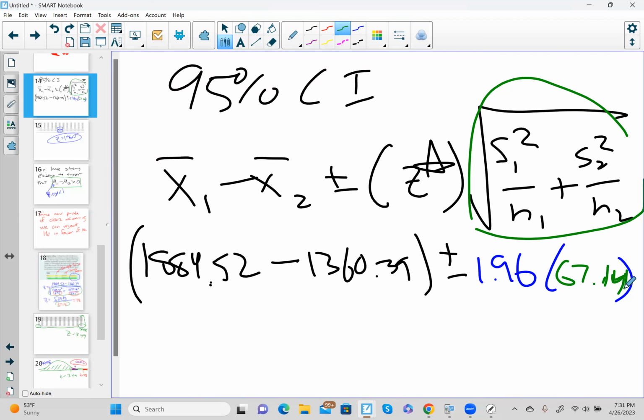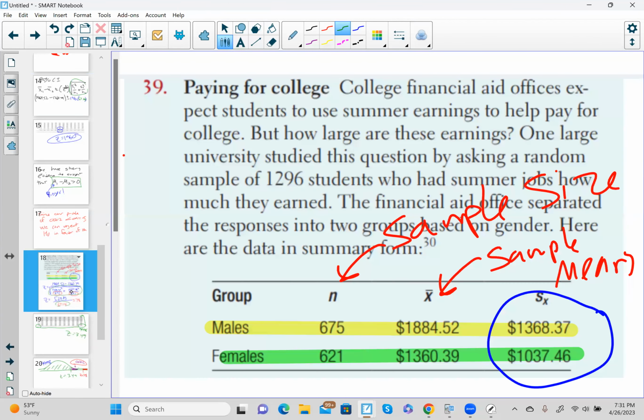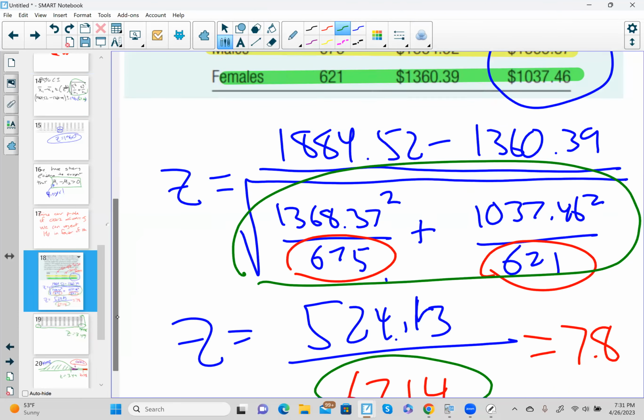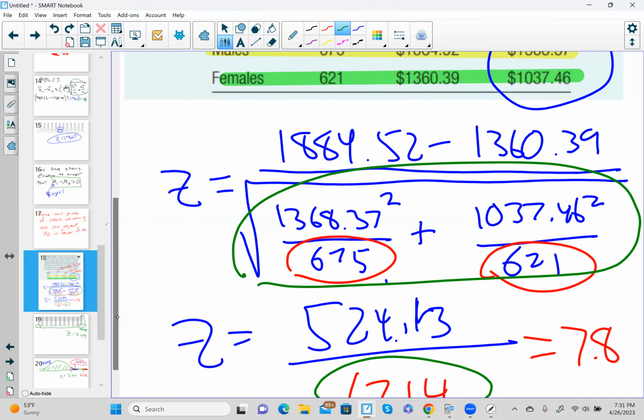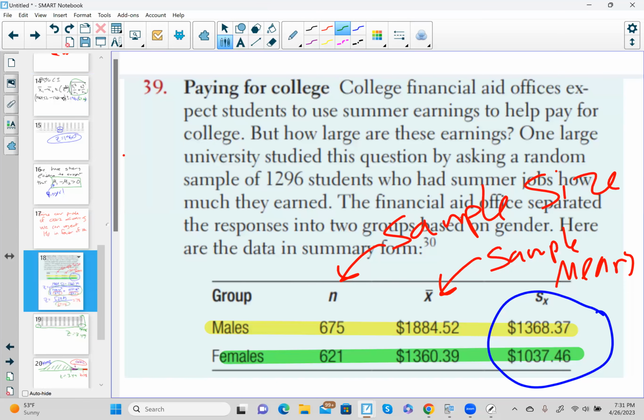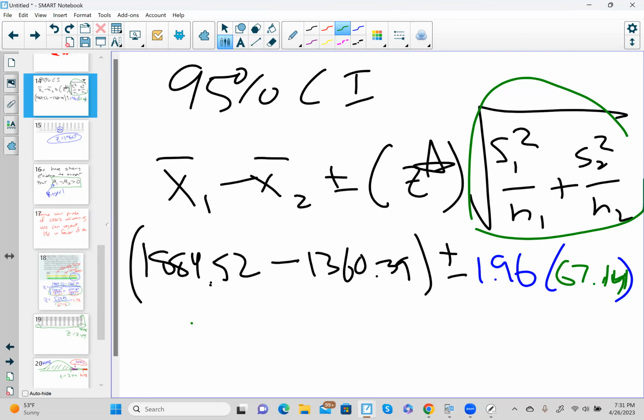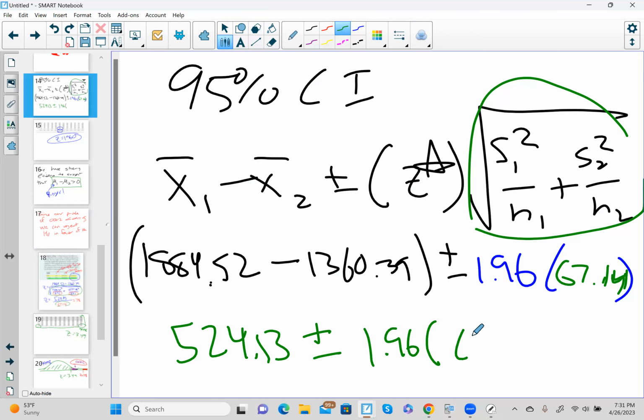Okay, great. That difference between 1884.52 and 1360.39 was, we found that before also, 524.13. So we're just about there. So our interval looks like this, 524.13 plus or minus 1.96 times 67.14.